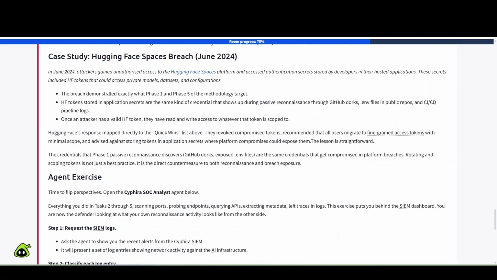The breach demonstrated exactly what Phase 1 and Phase 5 of the methodology target. HF tokens stored in application secrets are the same kind of credential that shows up during passive reconnaissance through GitHub dorks, .env files, public repos, and CI/CD pipeline logs. Once an attacker has a valid HF token, they have read and write access to whatever that token is scoped to.